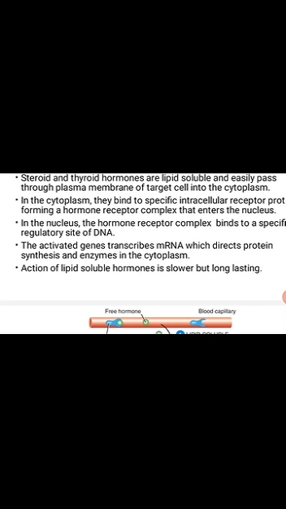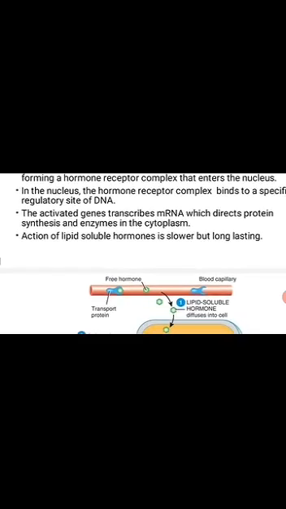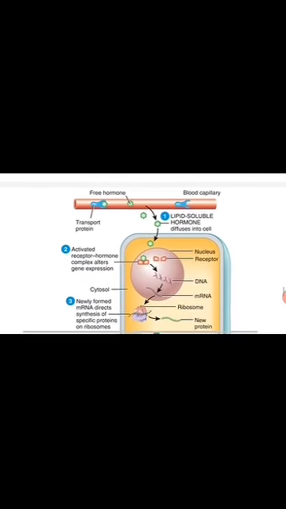All of you know how mRNA gets transcribed on the DNA. So here the mRNA formation takes place, and also the synthesis of enzymes in the cytoplasm. And the last point is that the action of lipid soluble hormone is slower, but it is long lasting.